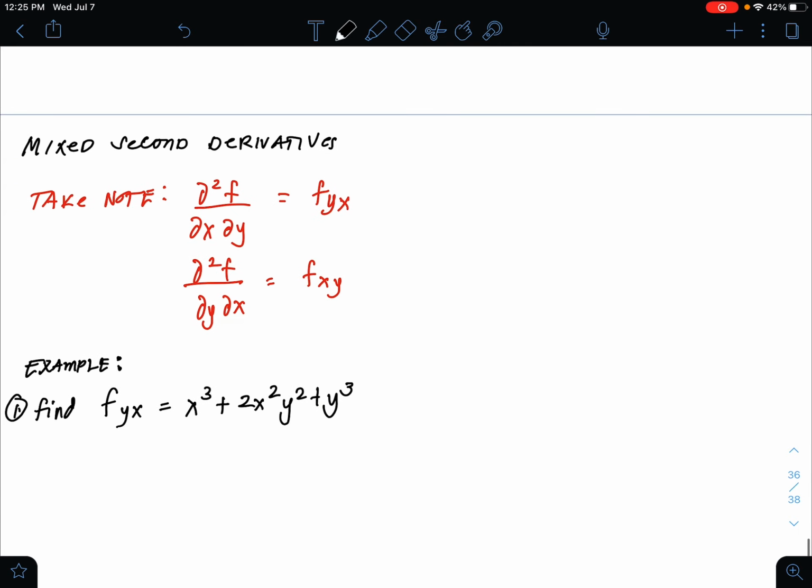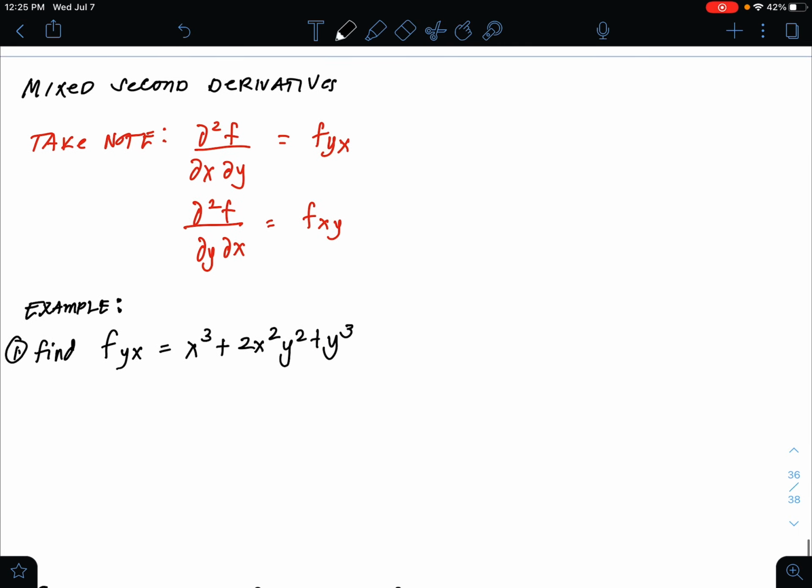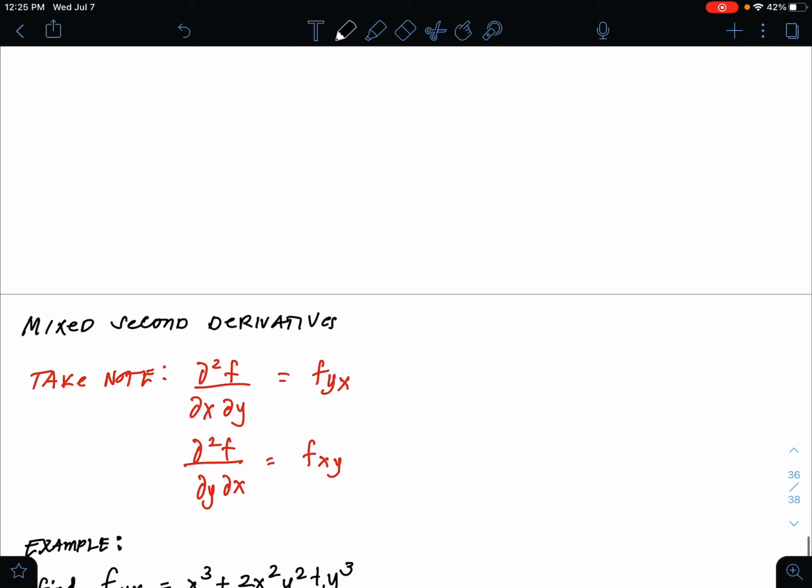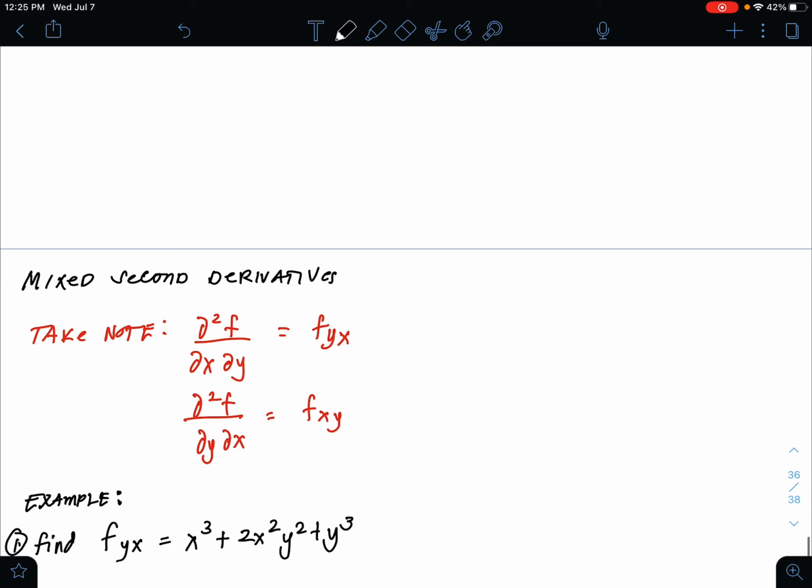Okay, now let's have this one. This is a bit confusing. So, it's a mixed second derivative. So, ganina fxx, fyy. So, karon pwede nato siya mag fyx or fxy. So, just remember or take note that d squared over dx dy is fyx. So, bakit naging ganun siya?